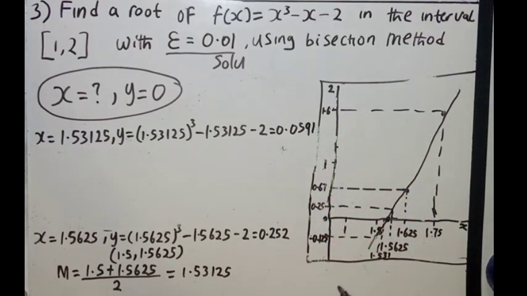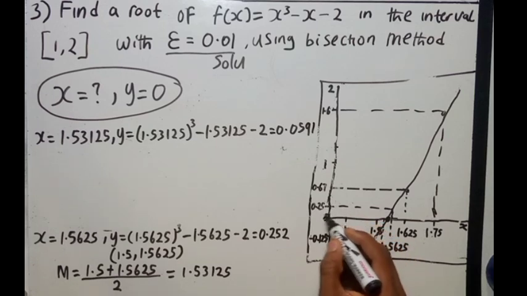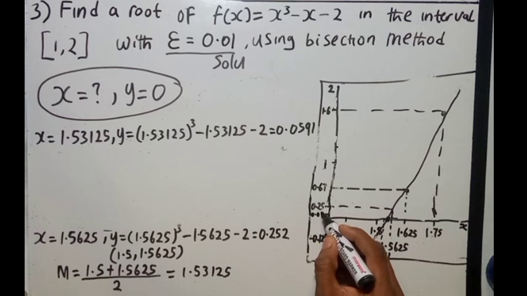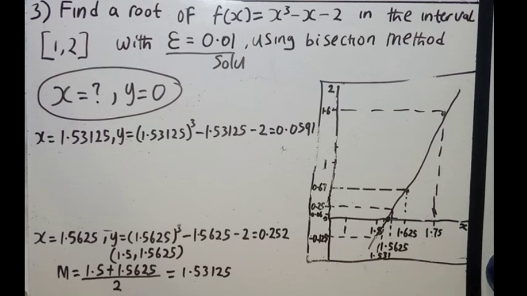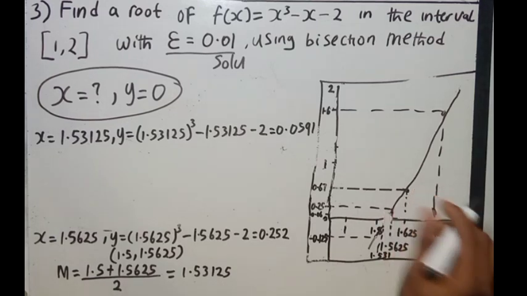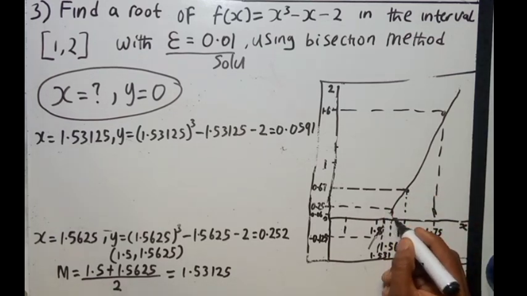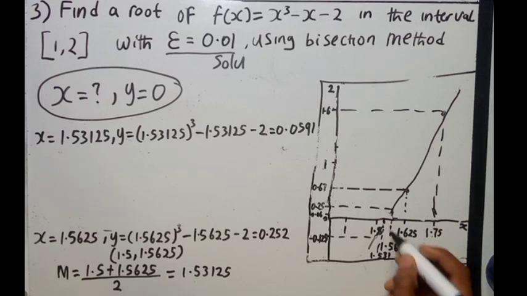So that is approximately 0.06. So that is the value of our distance. So our diagram is a bit wrong. It's meant to be that if here is our 1.531, this is where our root is meant to fall in between.